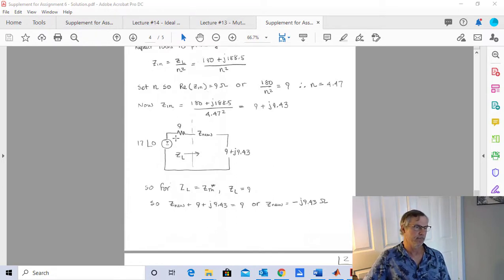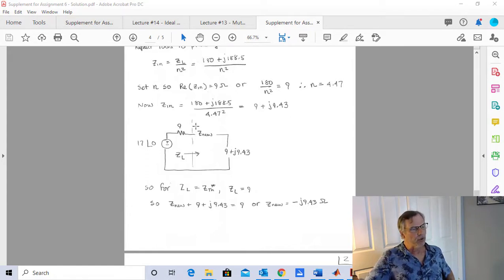Thevenin. And so Z Thevenin is going to be just 9 ohms. So that means I want my load out here to be 9 ohms. But I reflected J 9.43. Well, capacitor to the rescue, because the capacitor is going to give us a minus J in series with that.